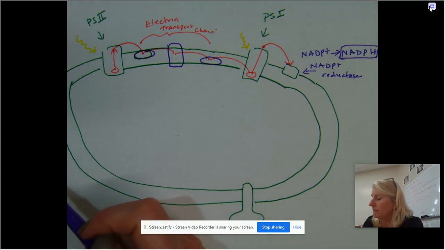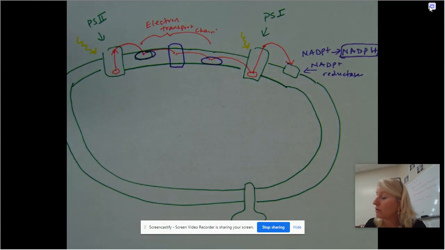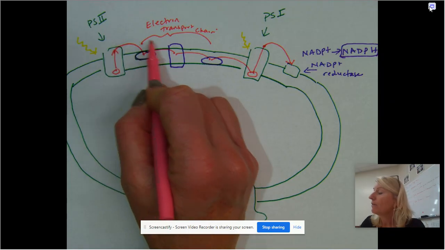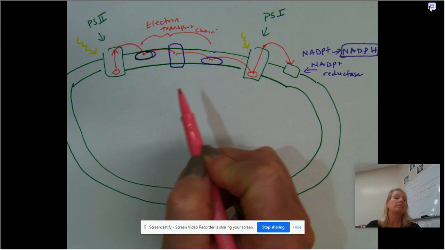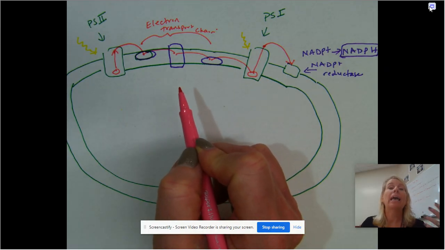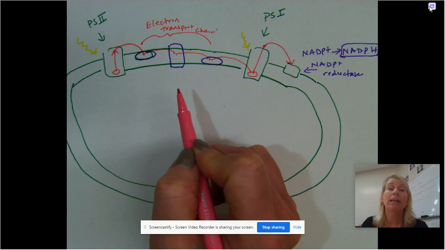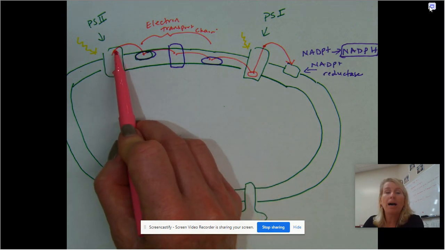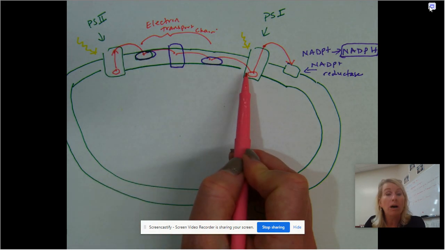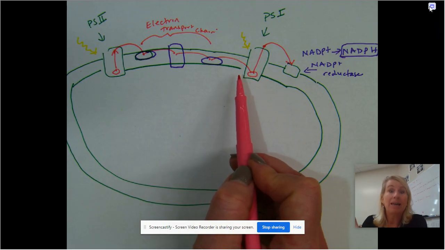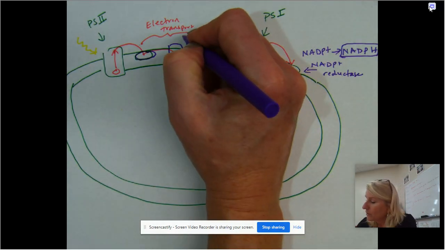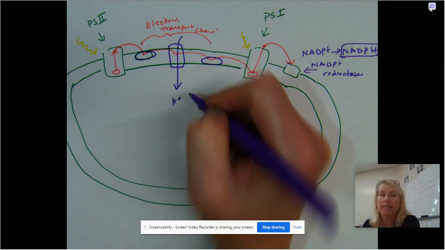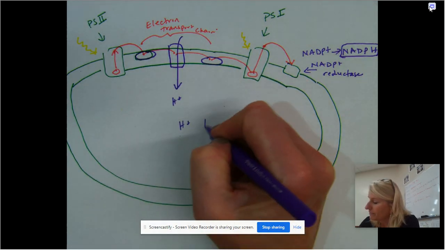Something really interesting happens as the electrons go from a high energy level to a lower energy level. Do you remember the idea of energy coupling, where we use exergonic, energy-releasing reactions to power something that is endergonic, or energy requiring? Well, as these electrons go from a high level to a lower level, they're losing energy. And the energy lost is going to be used to power the active transport of hydrogen ions into the middle of this thylakoid.